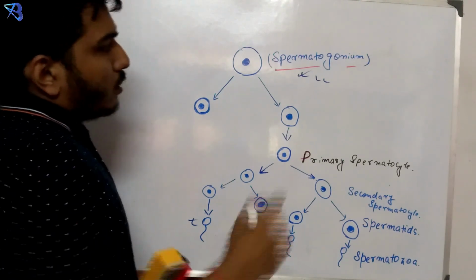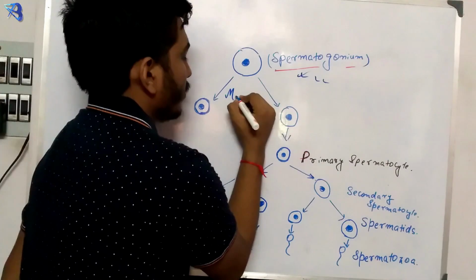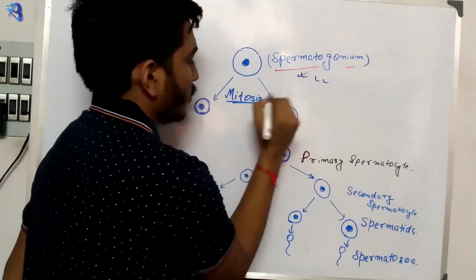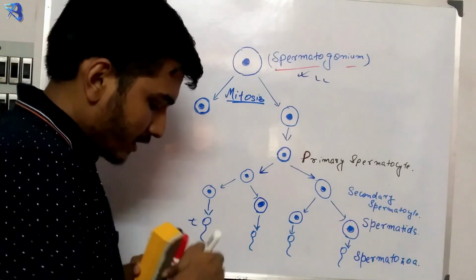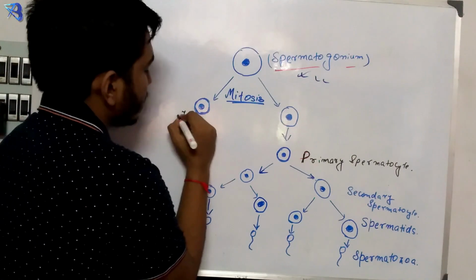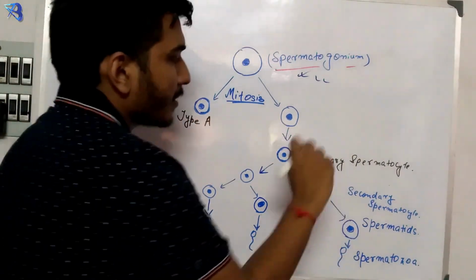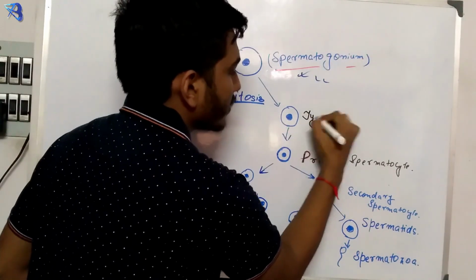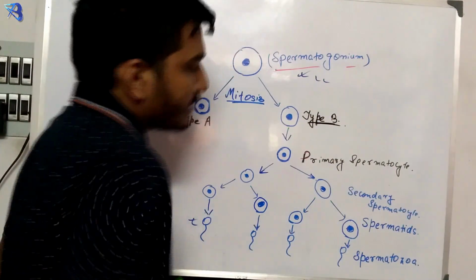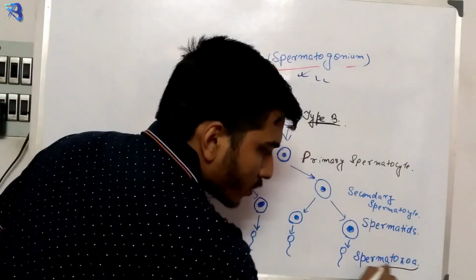The spermatogonium first undergo mitosis to form two types of cells. These cells are known as type A cells and type B cells. Now these type B cells undergo further divisions to form spermatozoa.